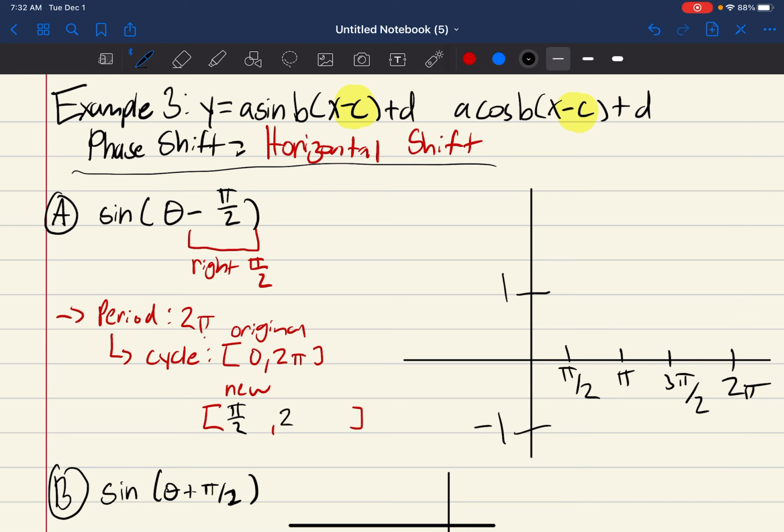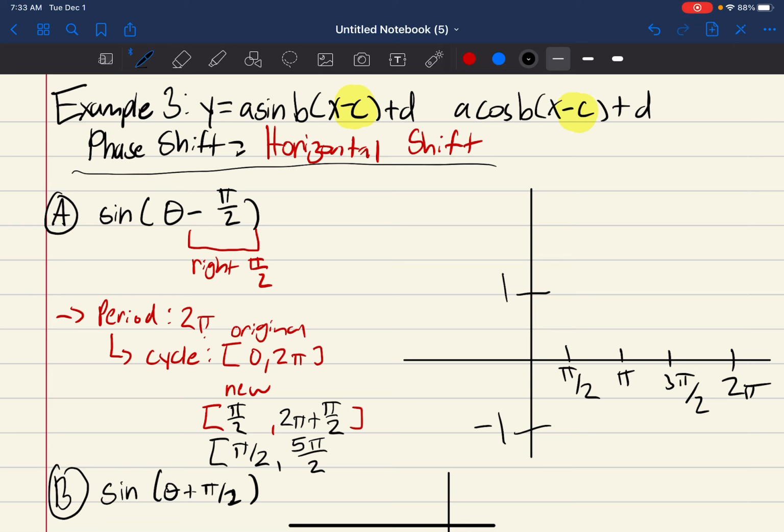And then you do 2 pi plus pi over 2. The reason it's pi over 2 here is because it's 0 plus 2 pi over 2, which is pi over 2. And then we can have our final period, which is going to be pi over 2 to 5 pi over 2.